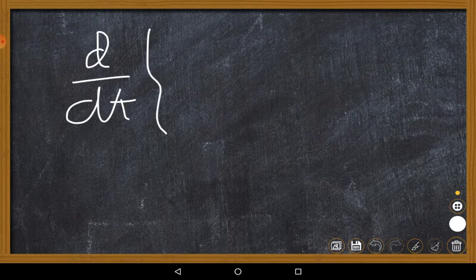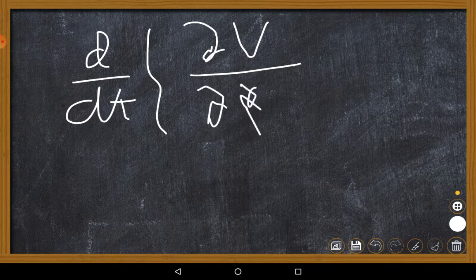But in our previous expression we got one such term which was d by dt of, if you remember correctly, it was d by dt of partial of v with respect to partial of qj dot.